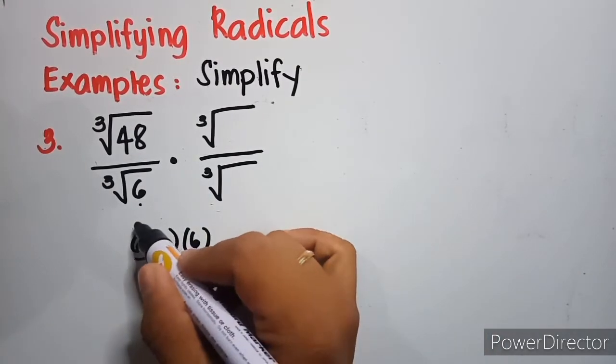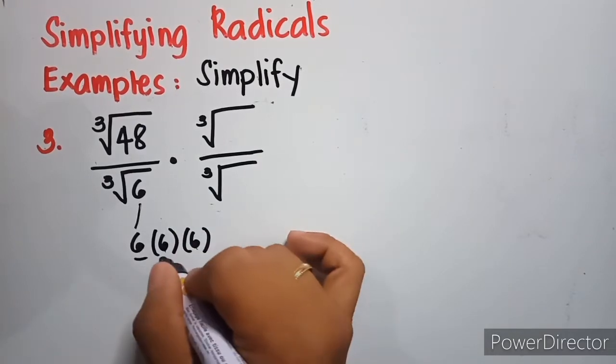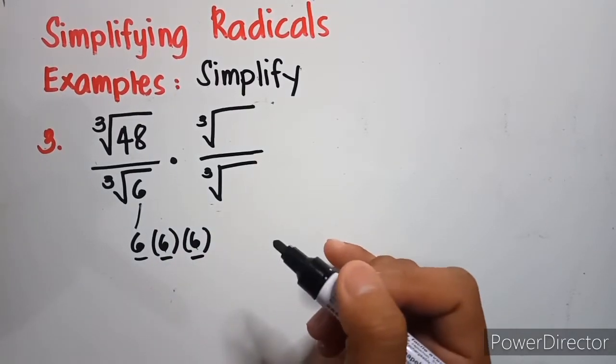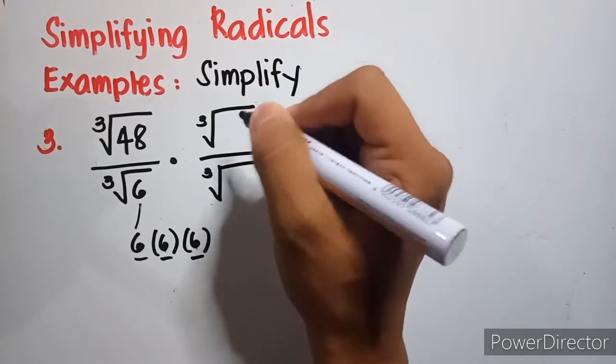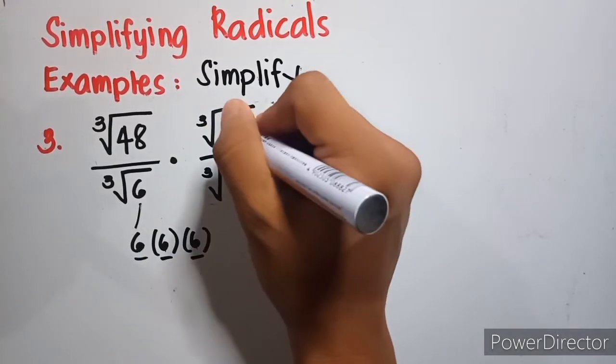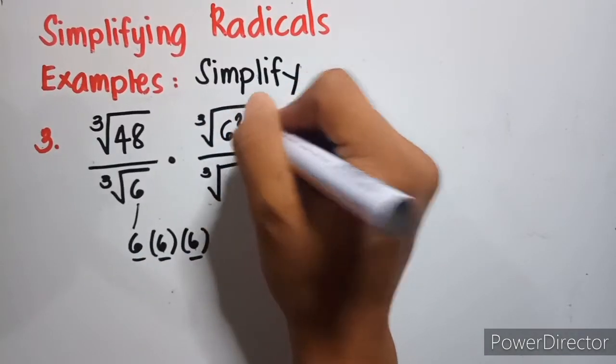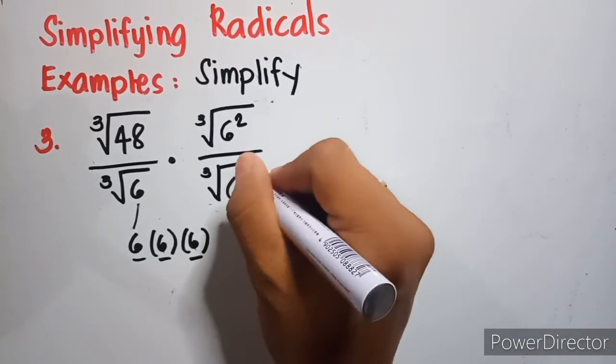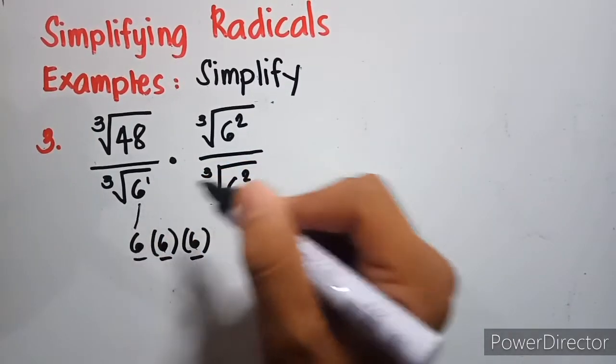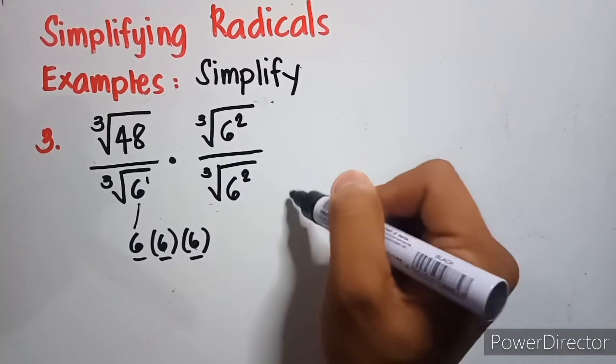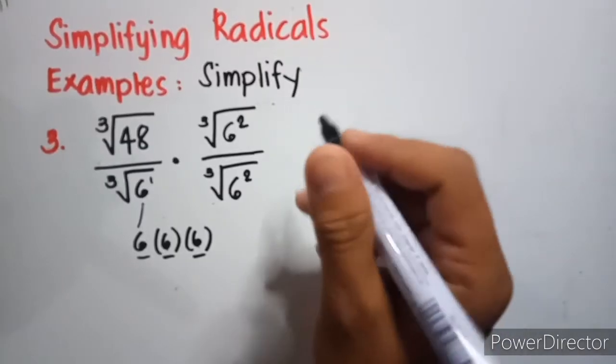Diba? So, meron na tayong isa. Ang kailangan pa natin na 6, dalawa. So, kaya ang ating imumultiply sa numerator at saka sa denominator ay 6 squared. Meron na tayong isa doon. So, pag minultiply natin, magiging 6 raised to 3. So, meron na siyang perfect cube.